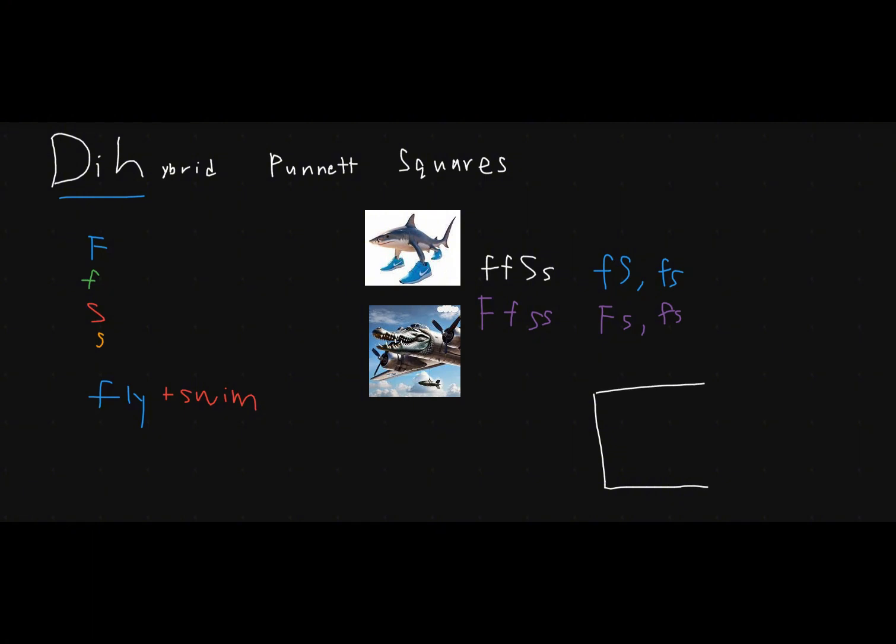So we have little f, big S, little f, little s, and for Bombardino Crocodilo we have big F, little s, and little f, little s.